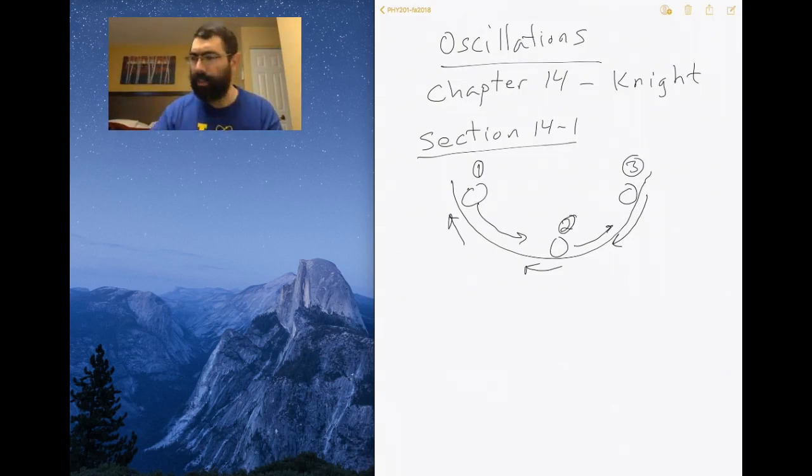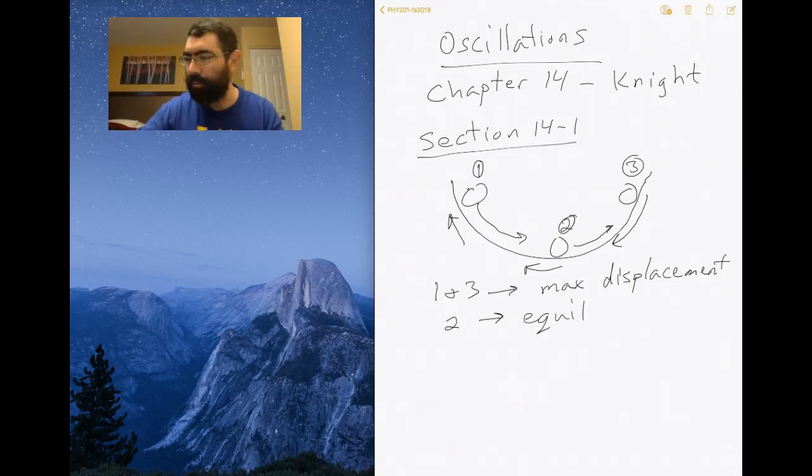And so we can label these. Positions 1 and 3 are the maximum displacement, and position number 2 is what we would call its equilibrium position. Two is equilibrium because if we just took the ball and left it at the bottom, it's not going to move.